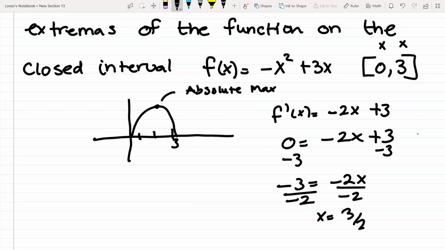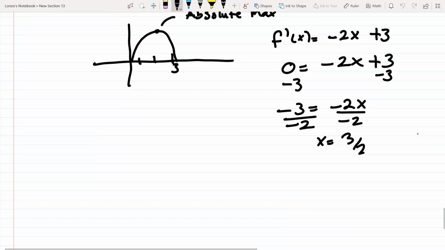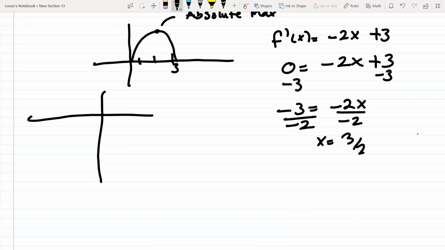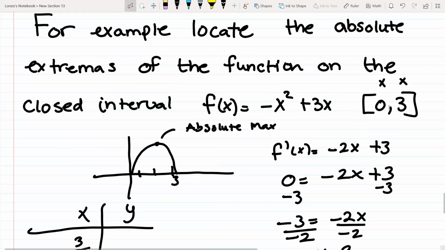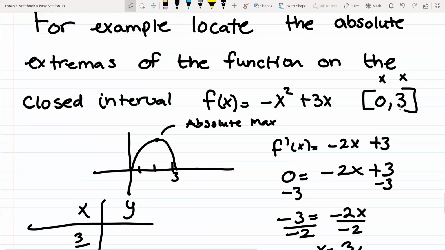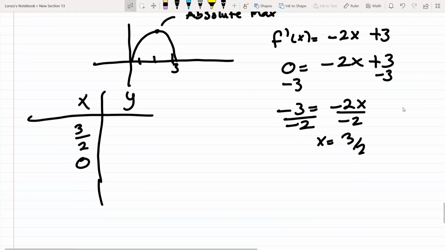Okay, so now you don't use the test point method, but instead you make a table and list all your x values. One of them is 3/2. And then they say that our boundary is from 0 to 3, which are all x values. So you put 0 as another x value and 3 as another x value.